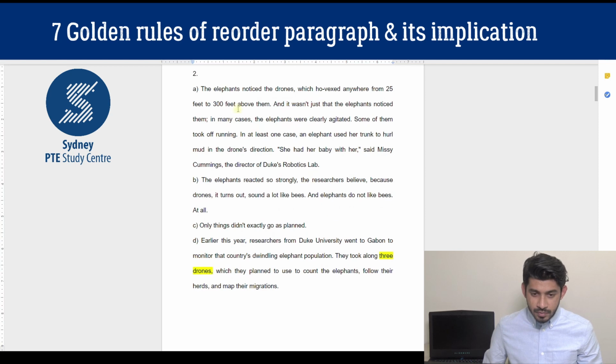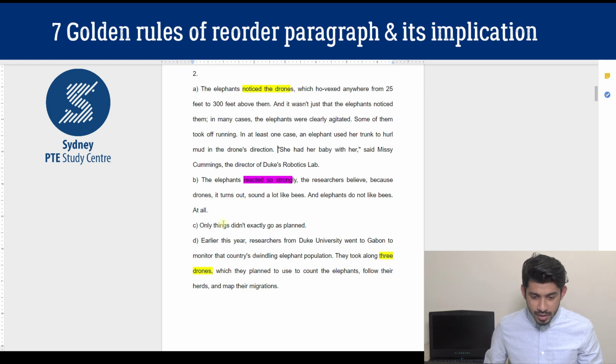And then what happened? In terms of the sequence of events, the elephants noticed the drones. That's my second sentence. And then they reacted. Just ask yourself, they cannot react before they notice the drones. So they noticed the drones and then they reacted.